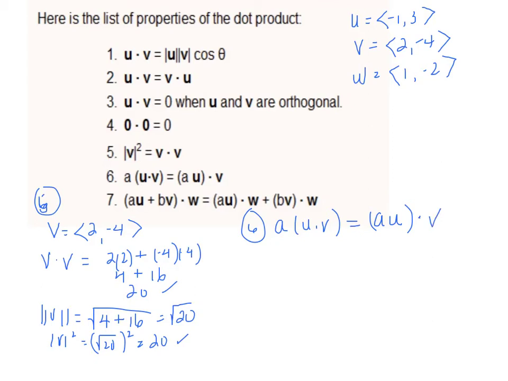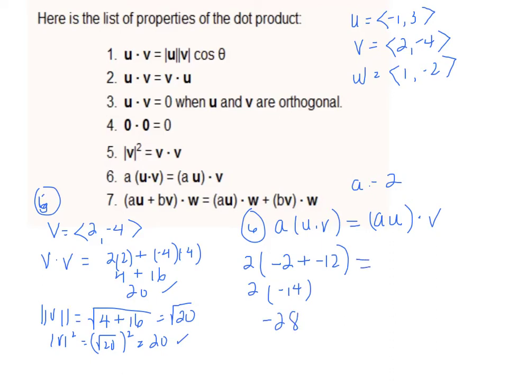So if we let a be, let's say, just 2, and we already know what u dot v is, I would do a, 2, times u dot v, which will be negative 2 plus negative 12, and that is 2 times negative 14, which is negative 28. That's what this side is.